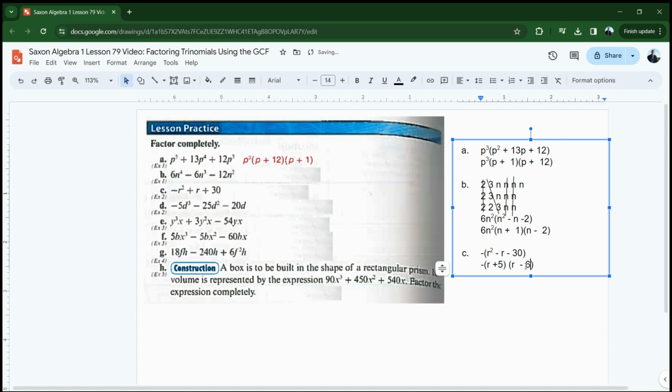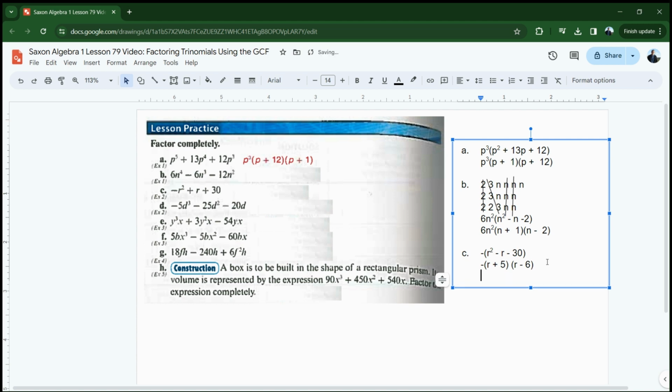Now notice I'm not making a list of all my factors here. That's a trick you can use if you can't figure one of these out, if you get stuck. All of these have been really easy to figure out so far. So notice I have my negative up front, r plus 5, r minus 6. If I were to multiply all of this back together, it would take me back to my original term.